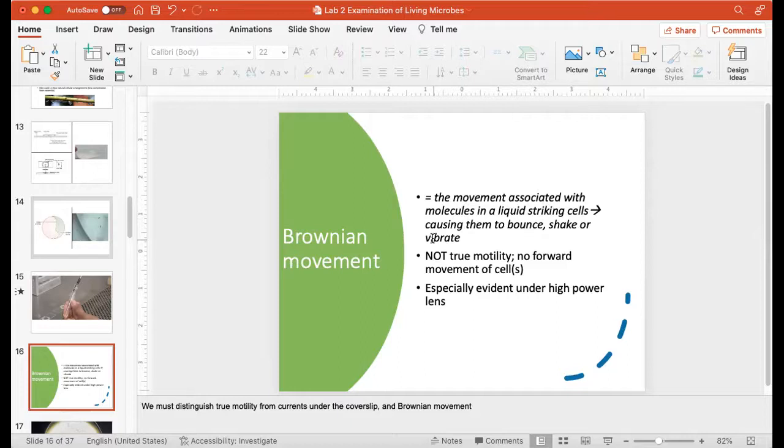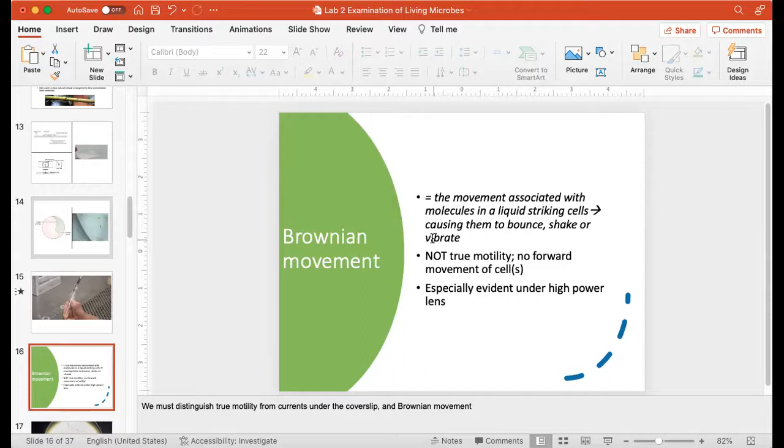All molecules have inherent motion. Remember from physics, all things vibrate a little bit. And those vibrating molecules are going to bump into our cells sometimes and cause our cells to move, to bounce or vibrate or shake a little bit.